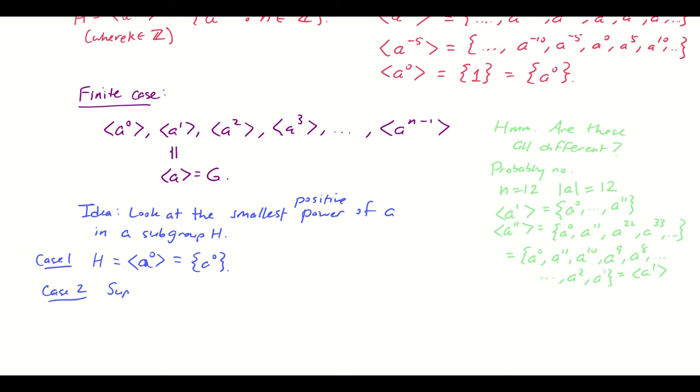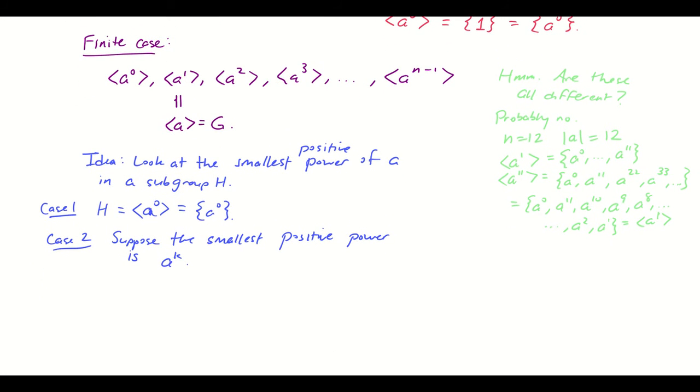So suppose the smallest positive power is A to the K. All right. Now I claim that K has to divide the order n of my original group G. Now here's why that has to be the case.